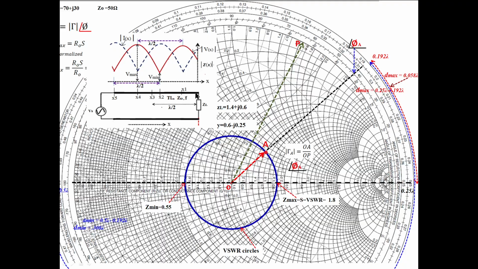So the distance from here to here, it is the red color arrow which I showed here, up to this maximum impedance. Whatever the distance is, that is from here to here. How to measure this distance? That is this way. That is the distance from here to here, the maximum position. So we can easily read it from the Smith chart.